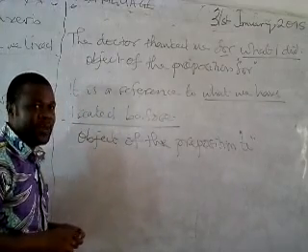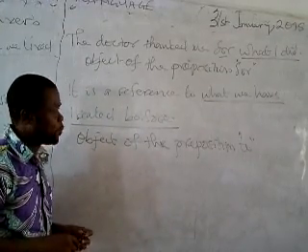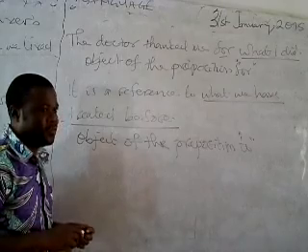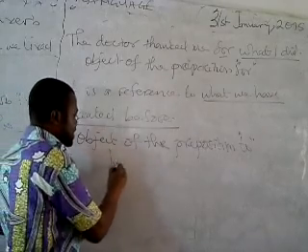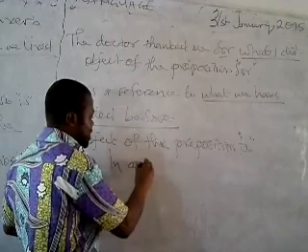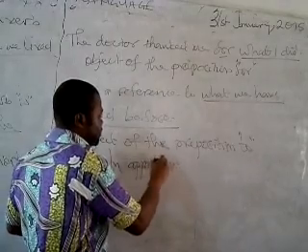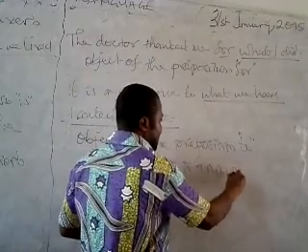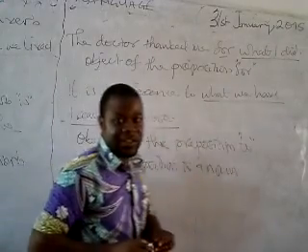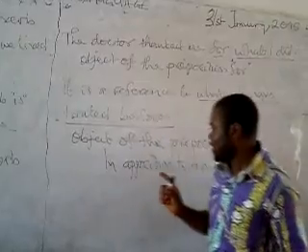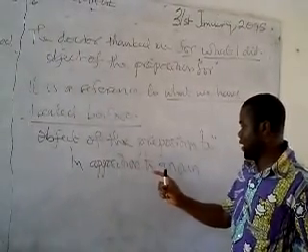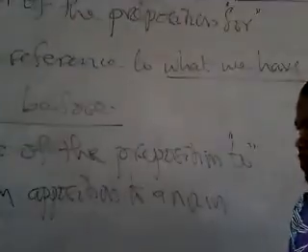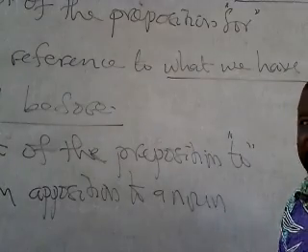Good. So we are now coming to the final function, and that is in apposition to a noun. So here, in apposition to a noun function, two nouns are involved.